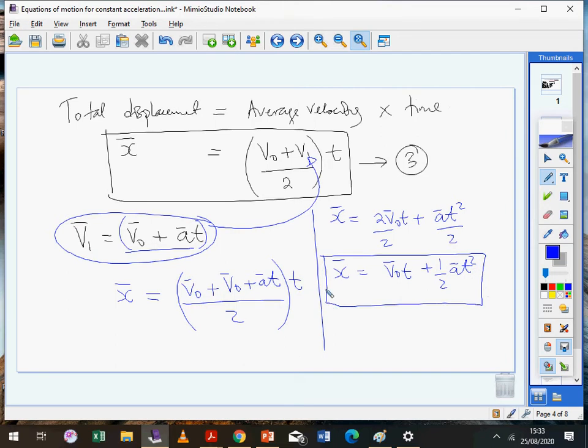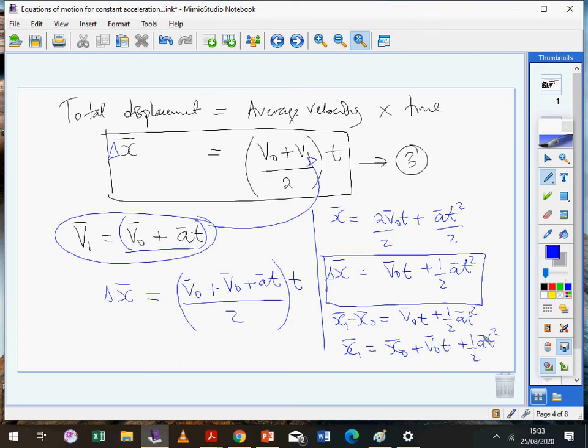That is another equation of motion. Alright, so one small thing though, this should have been a change in displacement all throughout. Because I know change in displacement is x1 minus x0 equals v0 t plus a half at squared, then I hope you can see that final position is initial position plus v0 t plus a half at squared.